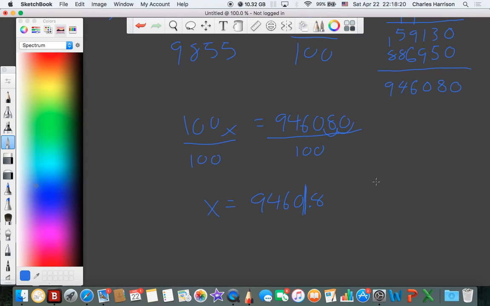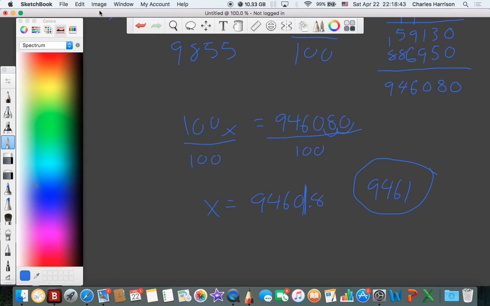And so it really turns into 9,461, which is the answer according to the answer sheet. And there it is. So now the amount of students that enrolled is 9,461.